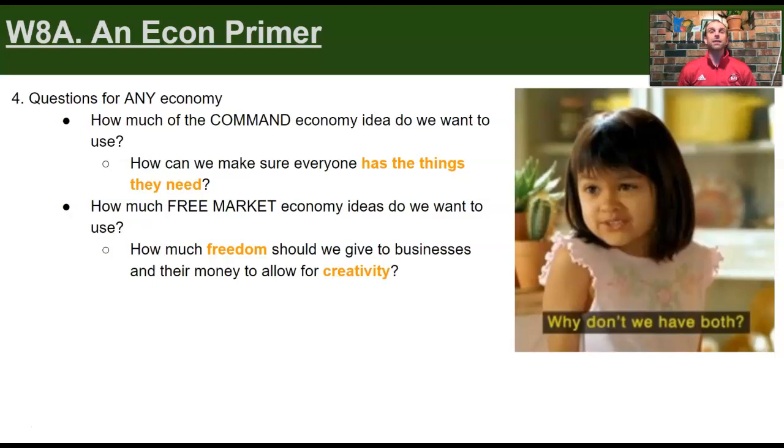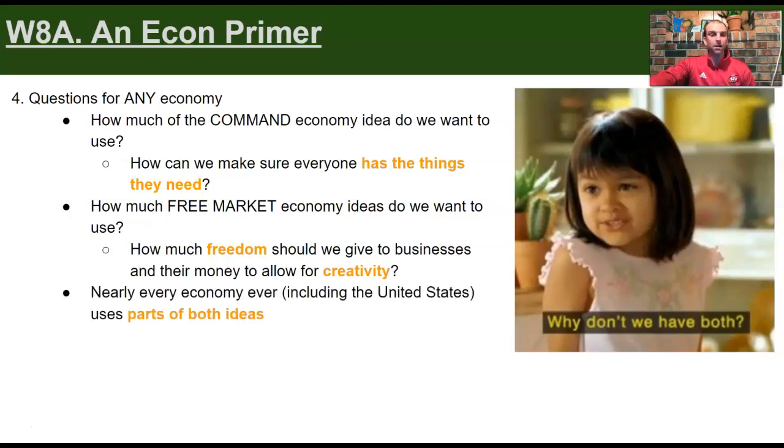The United States says, hey, there's cell phone service and we'll make sure that you have towers, but if you want to make a cell phone, you make a cell phone. You do whatever you want to make a cool cell phone. And so people have freedom to work for different companies, to come up with their own ideas. Those are free market, the idea being competition. Remember that soccer game.